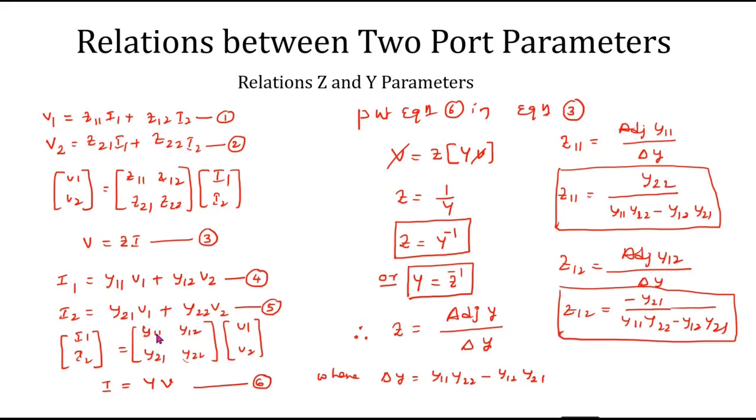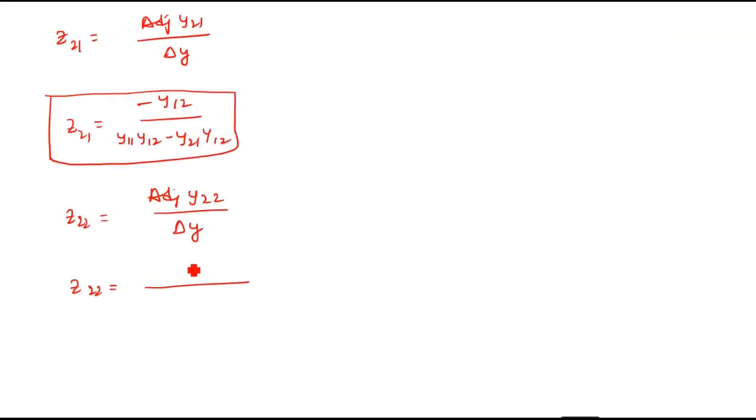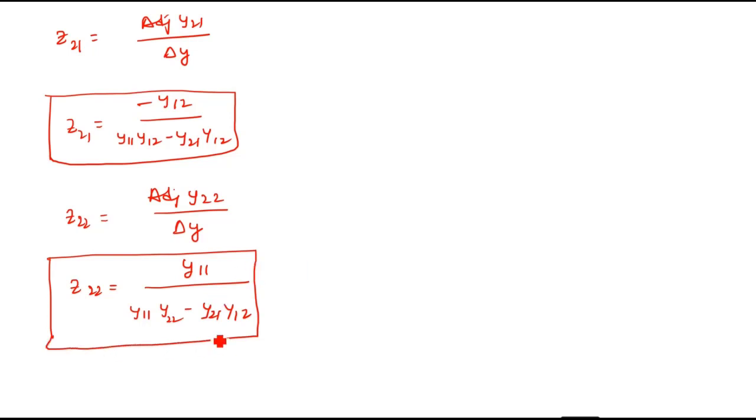Plus 1 into Y11, divided by Y11 Y22 minus Y21 into Y12. This is how Z parameters are expressed in terms of Y parameters.